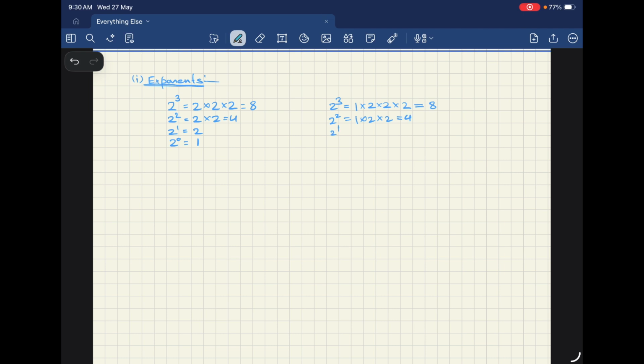And 2 to the power 1 is 1 times 2, that is 2. Now you will see why this interpretation is better, because for 2 to the power 0, I am multiplying 1 with 0 2's, that is nothing but 1 itself. So yeah, those are the few important parts of exponents which we'll be needing in the session later.